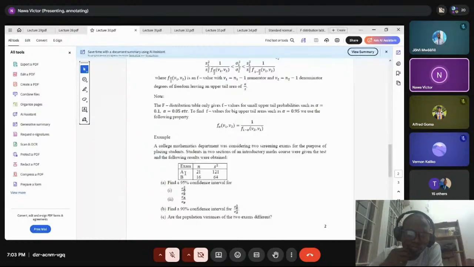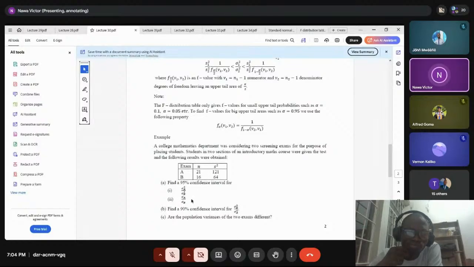In section A, the sample size was 21 and the sample variance was 121. For the other section, B, the sample size was 16, and the sample variance was 64.